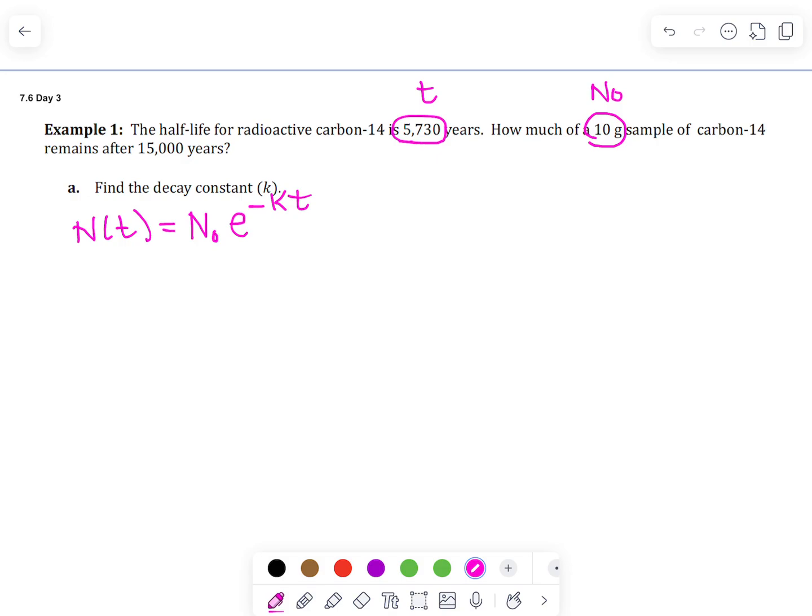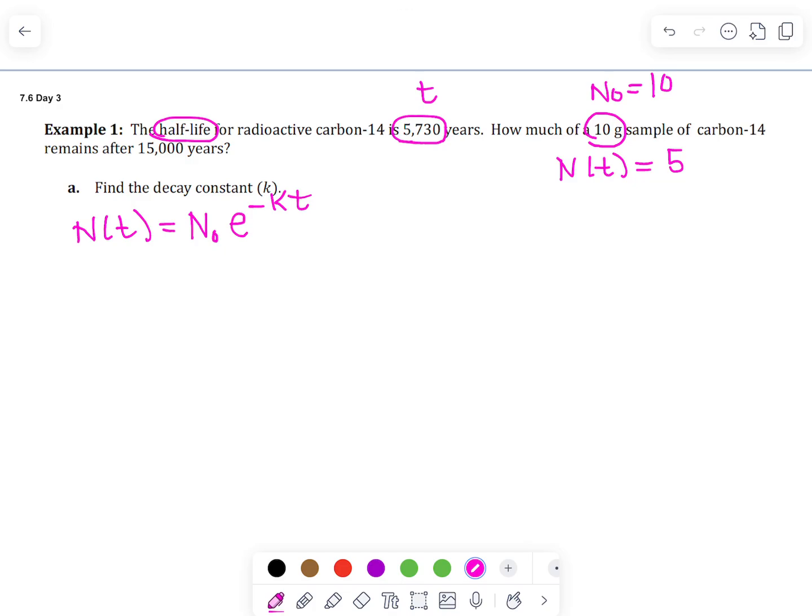Now we start to put everything in. Since our initial carbon-14 is 10 grams, and it's half-life, the amount left after 5,730 years would be 5 grams.